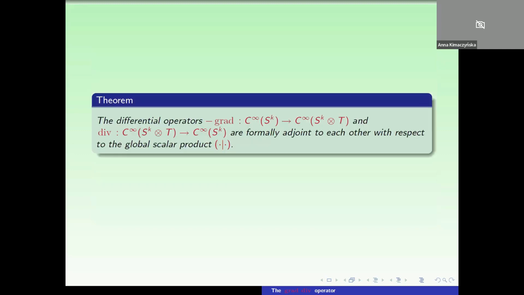And we have a theorem: the differential operators minus gradient and divergence are formally adjoint to each other with respect to the global scalar product, the second global scalar product.